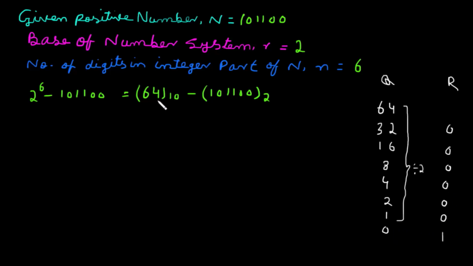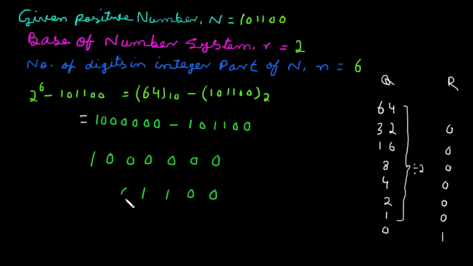So this decimal 64 is equal to binary 1 followed by 6 zeros, 1000000, minus 101100. To execute this binary subtraction, I will write the minuend and subtrahend vertically, which is easier for me. 1000000, and now this 0 0 1 1 0 1 1 0 0.